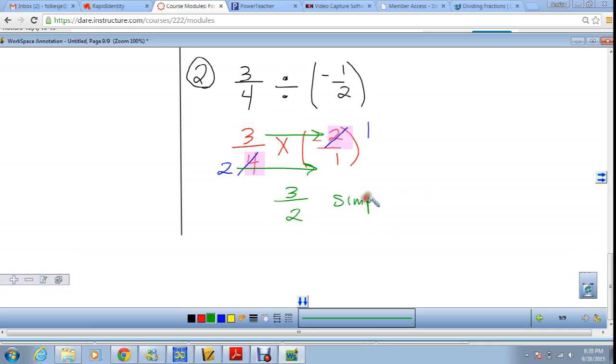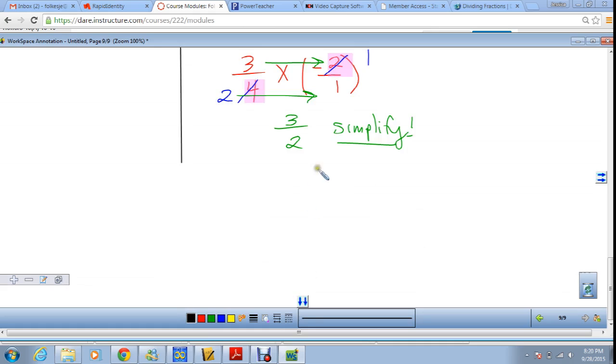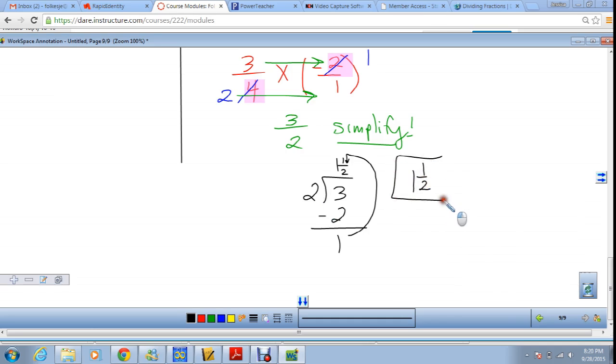You must simplify, and that means changing it back into a mixed number. 2 goes into 3 once. 1 times 2 is 2. Your remainder is 1, so that becomes your numerator, and the denominator stays the same. Put it back in a mixed number: it's going to be 1 1/2.